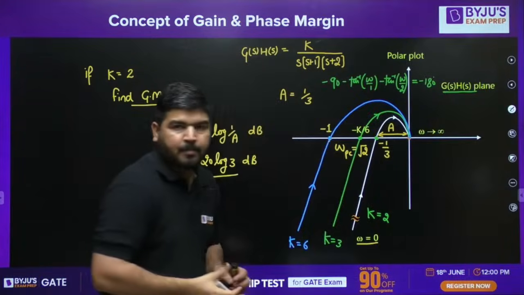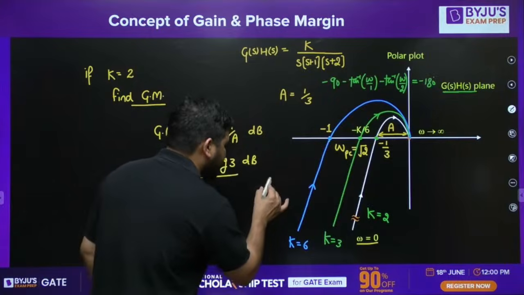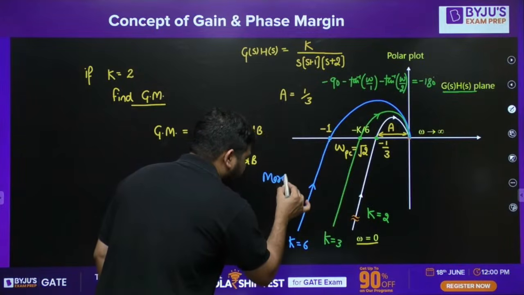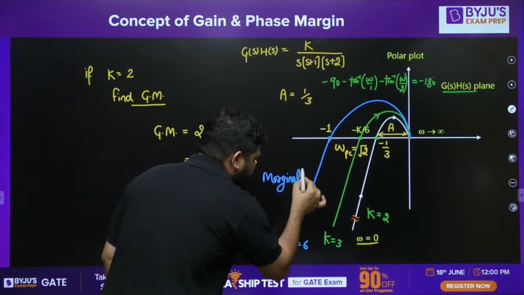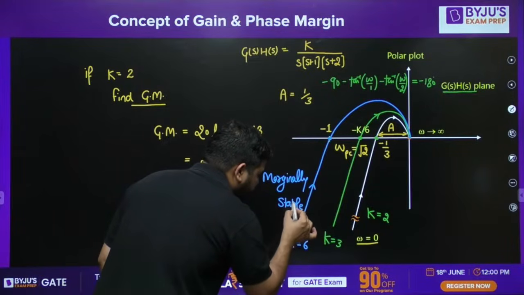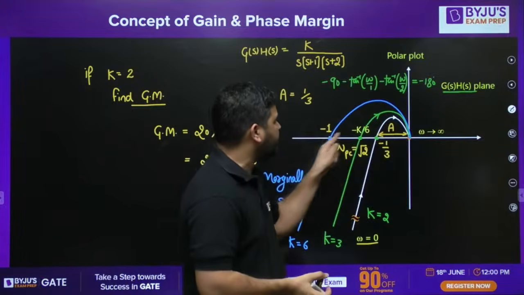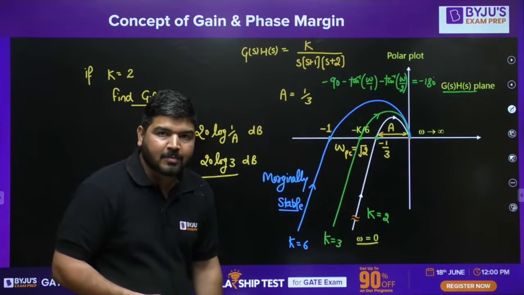It will pass through this minus 1 point, and the system will become marginally stable.